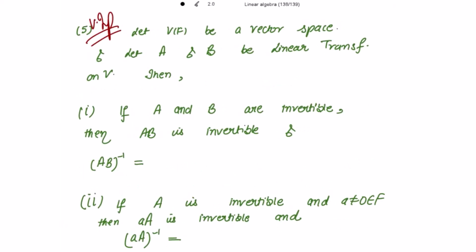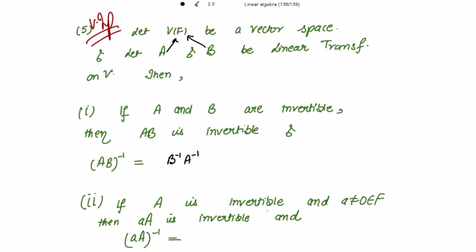Fifth one is very important. Let V(F) be a vector space and let A and B be linear transformations on V. We have two linear transformations on V(F). Then if A and B are invertible, then the product AB is invertible and (AB) inverse will be B inverse into A inverse.